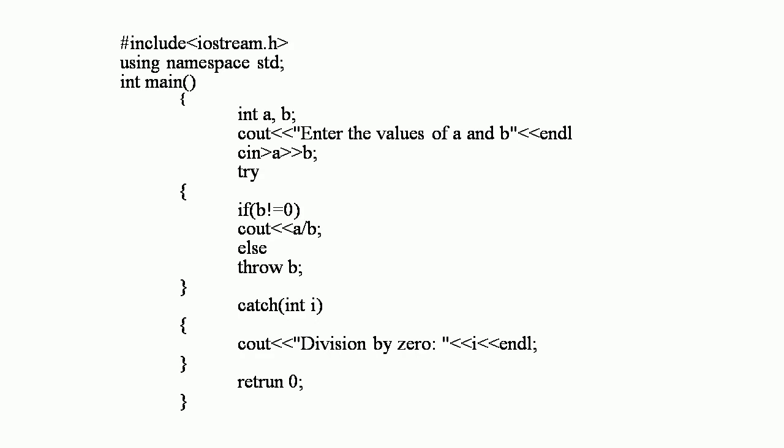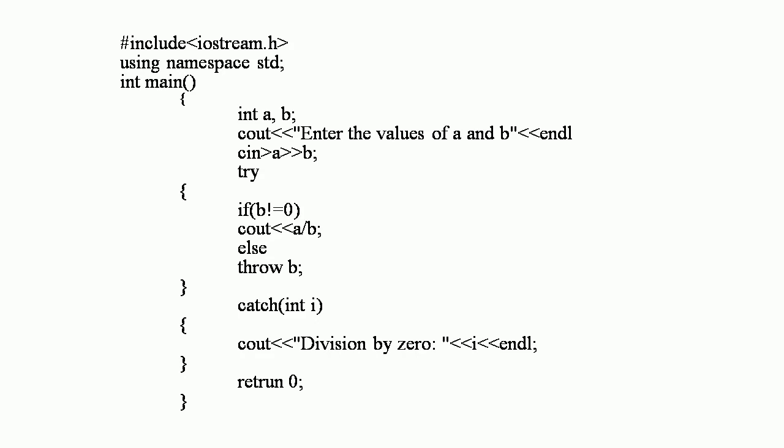You can give the catch statement, int i. The catch statement starts with curly braces, cout << within double quotation marks "Division by 0" ended with a semicolon, double quotation closed. You can use << i and endl. The catch statement is closed. return 0 ended with a semicolon.